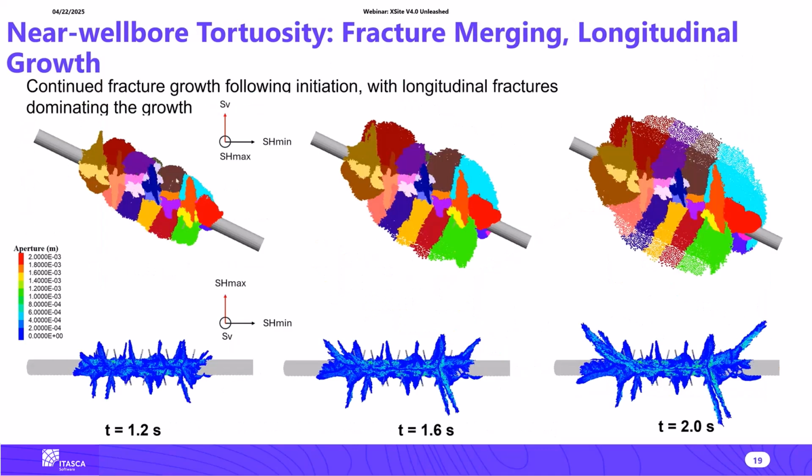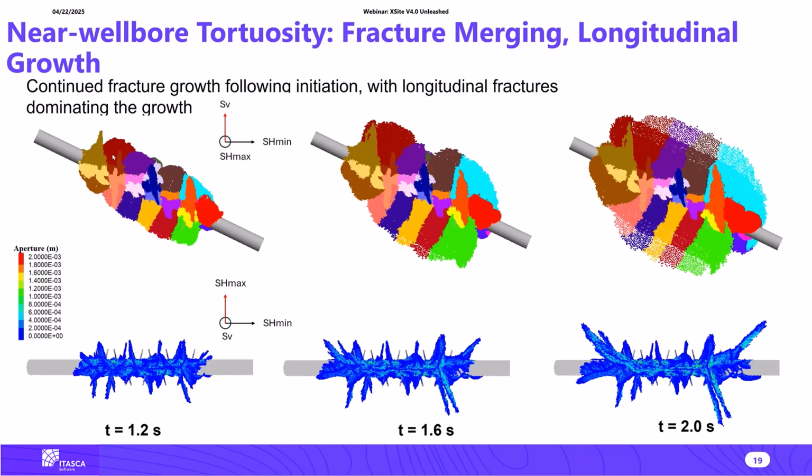And in this slide, we show the results from the same model at three additional times. On the top, we are showing again the side view where these different colors correspond to the cracks initiated from different perforation tunnels. And then on the bottom, we show the geometry of the fractures, but in a plan view.